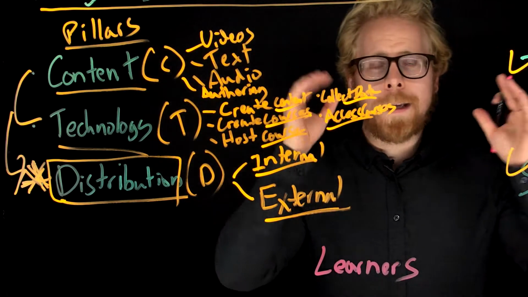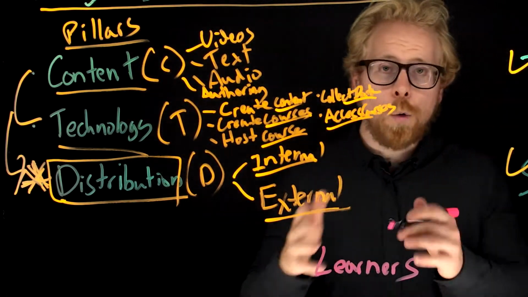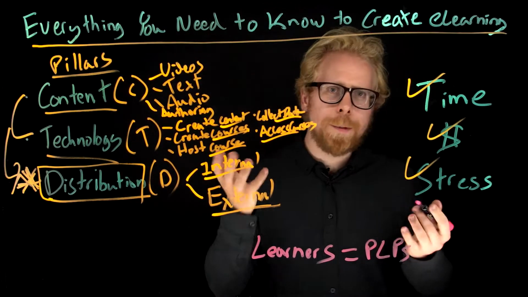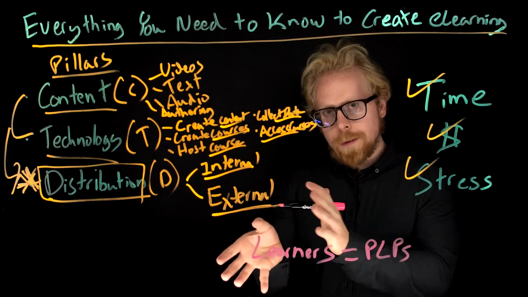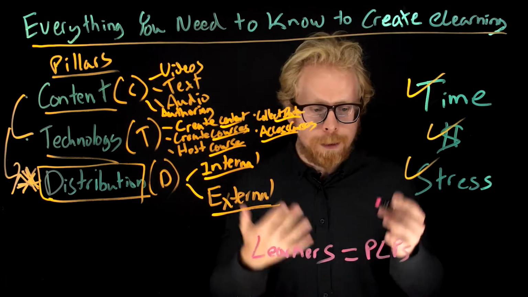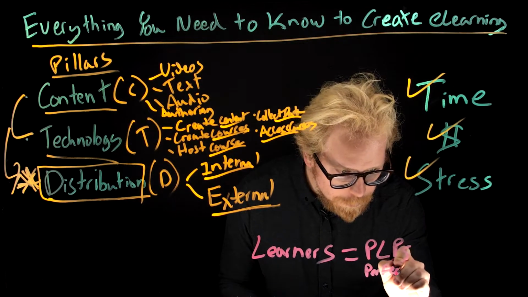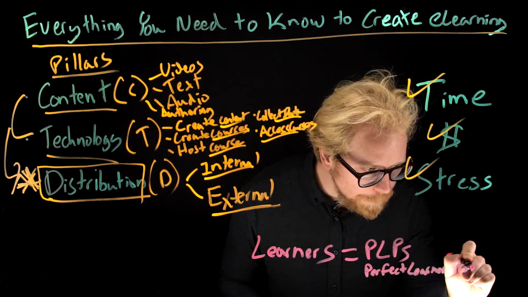Your learners. At eLearning Partners and on this eLearning Simplified channel, we call your learners your PLPs. We talk about this more in our course, and we talk about this in our MasterClass. But to give you a quick definition, a PLP is a perfect learner profile.